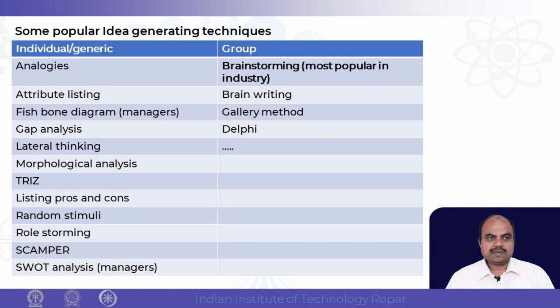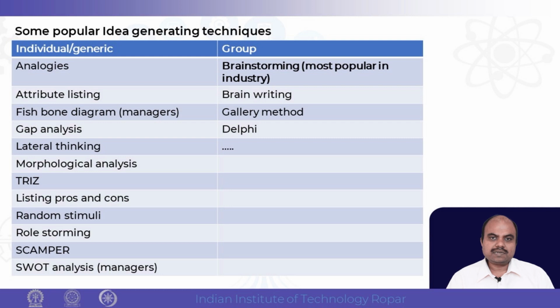Even though brainstorming sometimes doesn't give a very specific solution, across industry they use it, and people have found that this is one of the most widely used techniques, and it's often useful. Not only for technical solutions, but managers are using it even for solving non-technical problems.